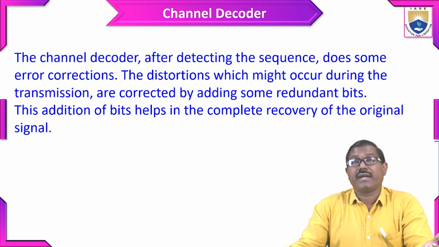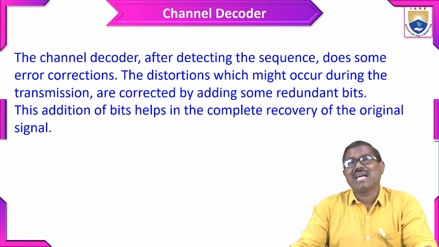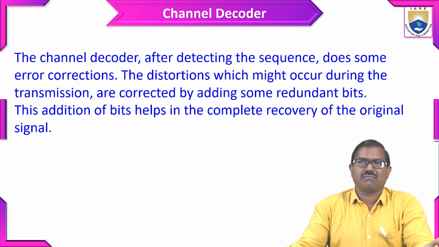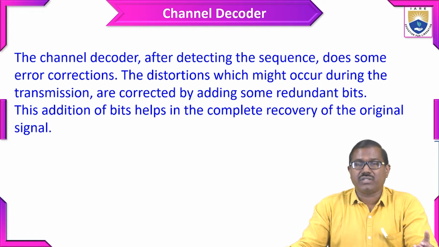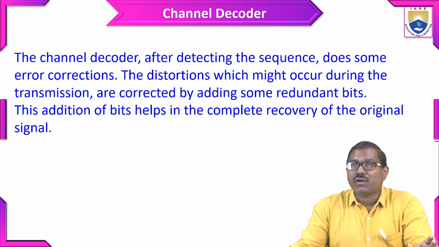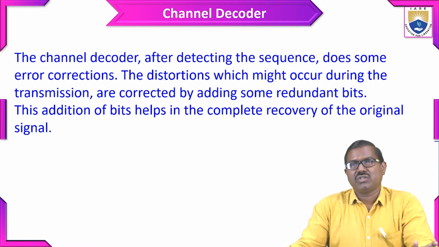Why? Because at the transmitter, the channel encoder adds these random bits, and errors enter into them. The random bits we may call parity bits. With the help of parity bits, we detect the error and correct that error.